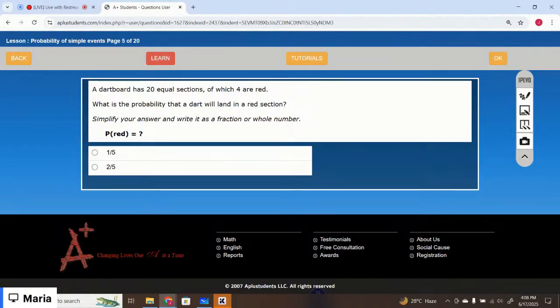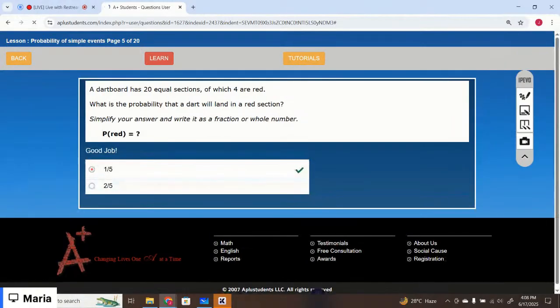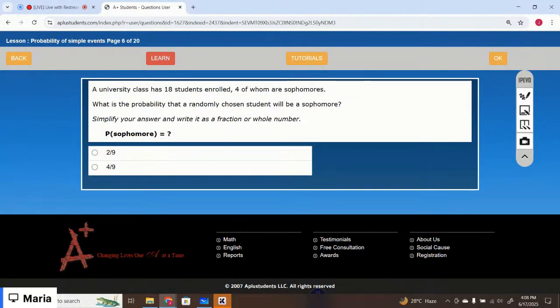What is the probability that a dart will land in a red section? That is 1 by 5. Option number one is the correct option.